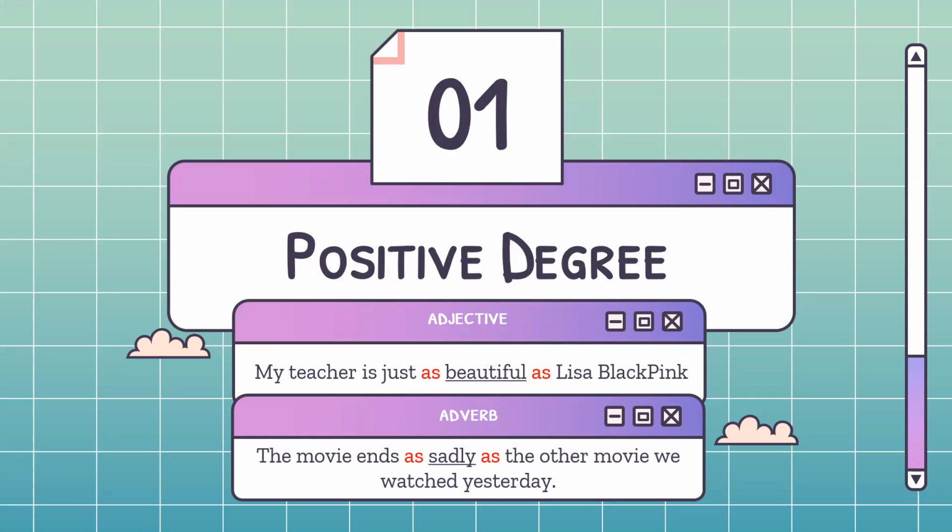Means that the teacher is just as beautiful as Lisa Blackpink. So they're both beautiful. For the adverb, or when you are comparing situations, the example is like: the movie ends as sadly as the other movie we watched yesterday. So it's just the same, but the difference is here is an adverb and here is an adjective.